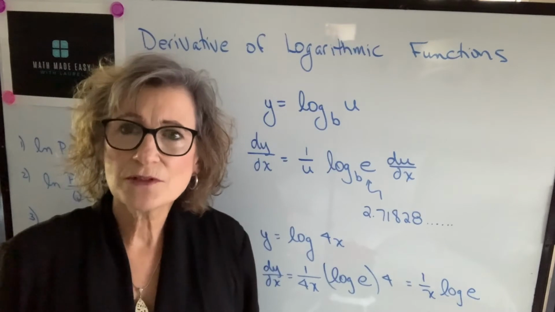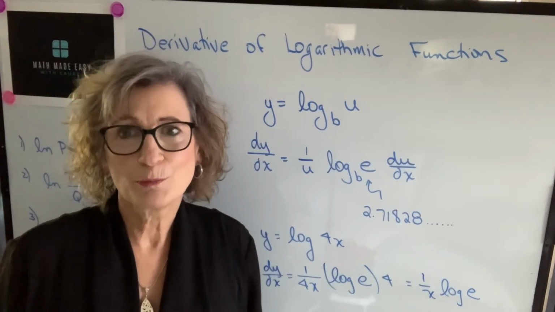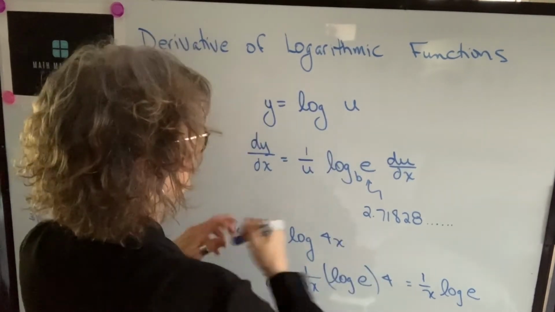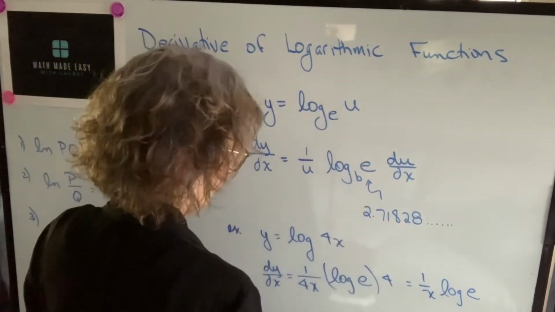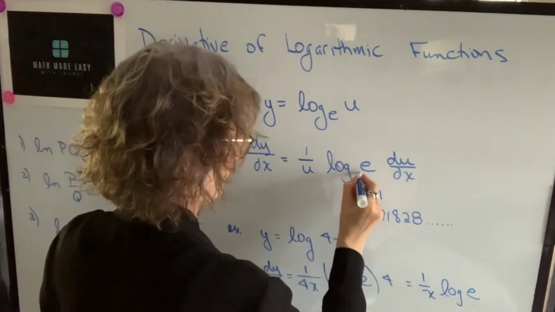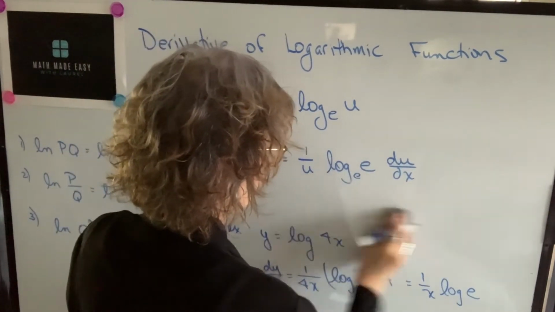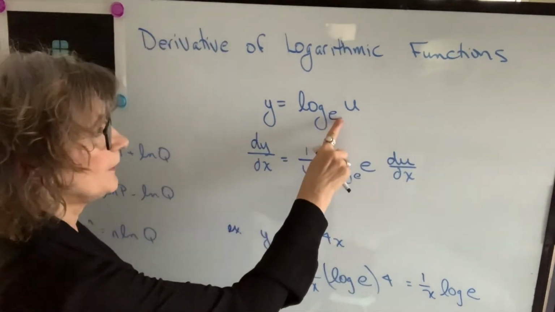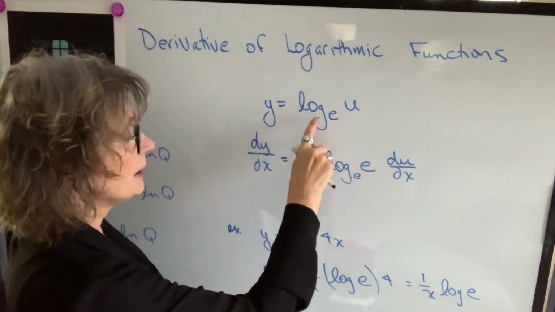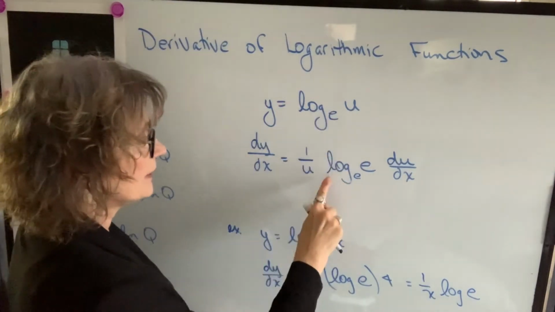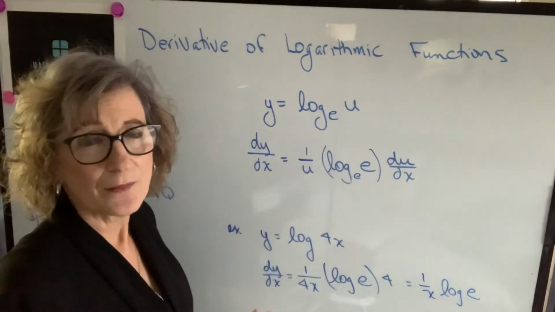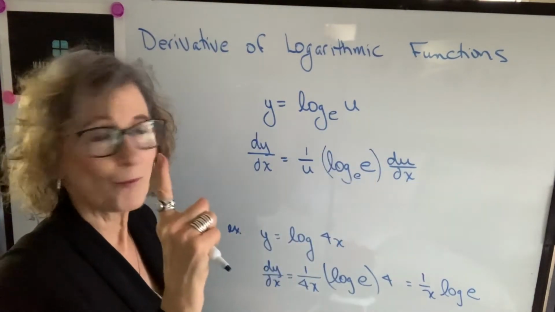However, most of the logarithmic functions that you're going to be working with will be base e. If our base is e, which there's a special way of writing this, which I will write in a minute, then when we look at our formula, we're going to have the log of e base e, and the log of e base e is simply 1.